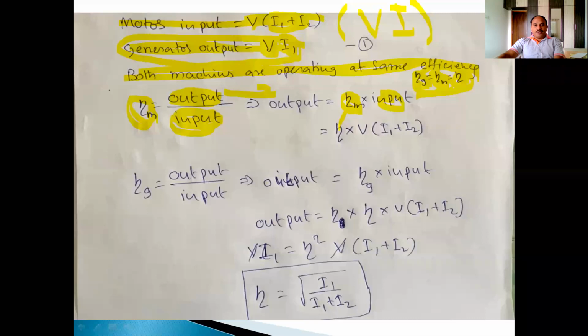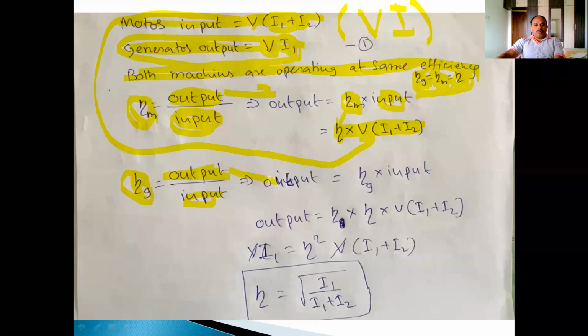So input to the motor equals V into I1 plus I2, and output from the motor equals psi into V into I1 plus I2. Next, generator efficiency equals generator output by generator input, so generator output equals generator efficiency into generator input.